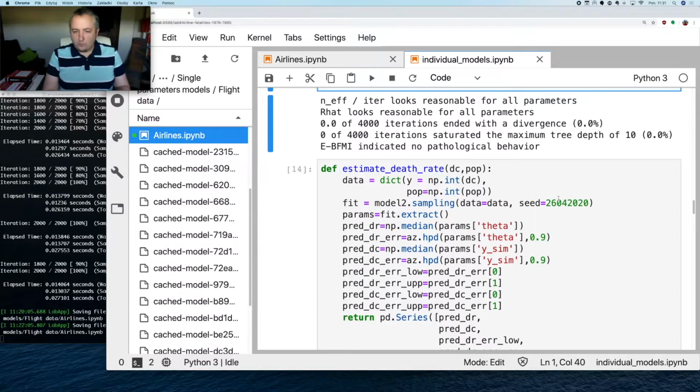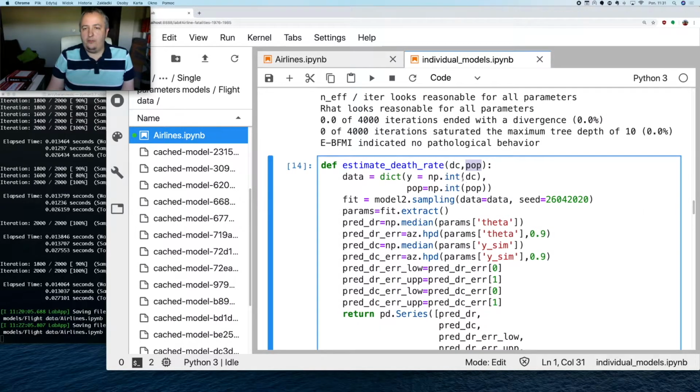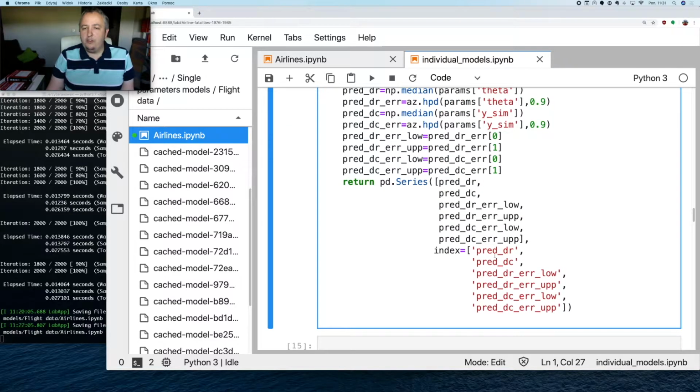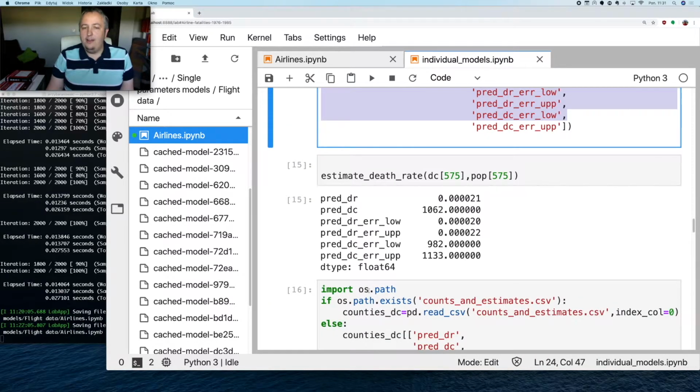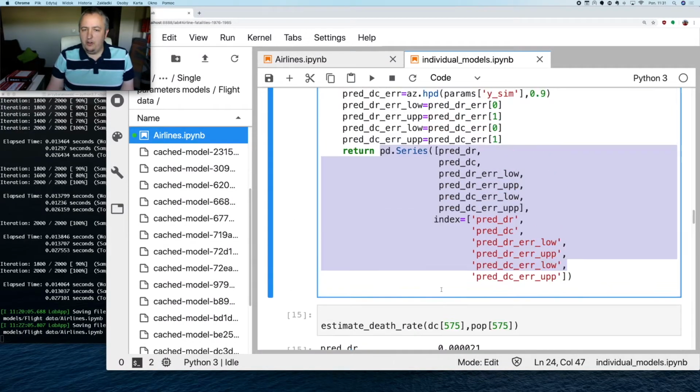So in order to handle it better, I've created a function that estimates death rates and populations for each of the counties. Given the appropriate county and population, it returns a pandas series, which we can then append to our original data frame.